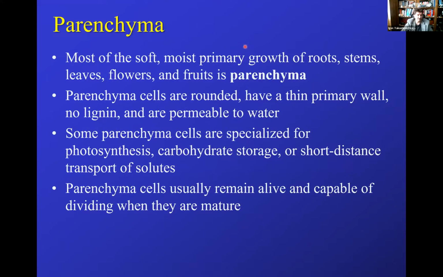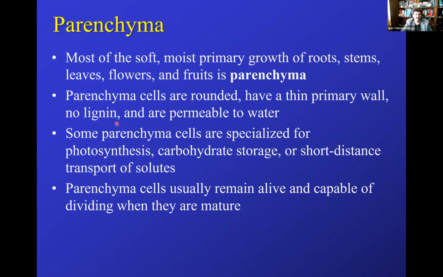So parenchyma, that's the soft primary growth of roots, stems, flowers, known as the parenchyma. Very small cells, typically very fast dividing, with a thin primary wall, permeable to water as well as any kind of chemicals, specialized for photosynthesis.